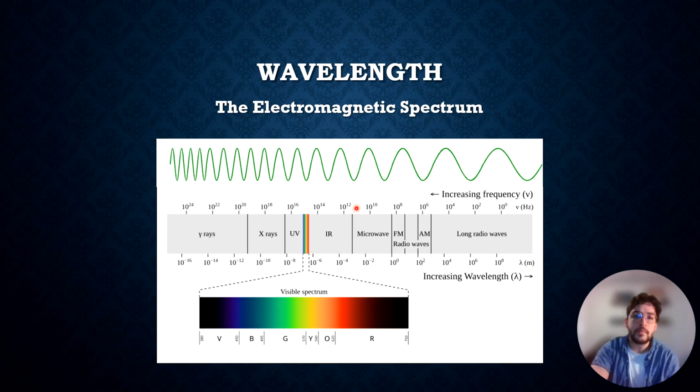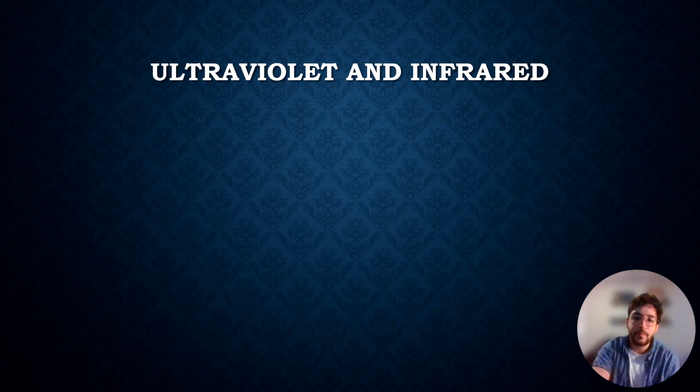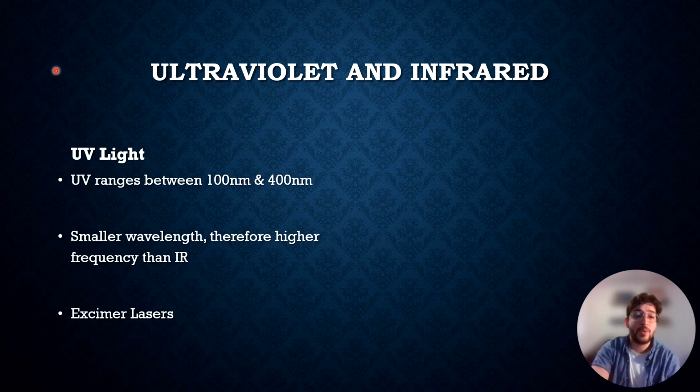And so for the purposes of this, we're only going to really be talking about ultraviolet, the visible light spectrum, and infrared, this little part right here in the middle. UV light ranges between 100 nanometers and 400 nanometers. The smaller the wavelength, the higher the frequency.